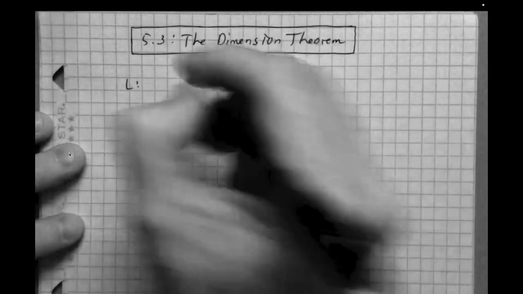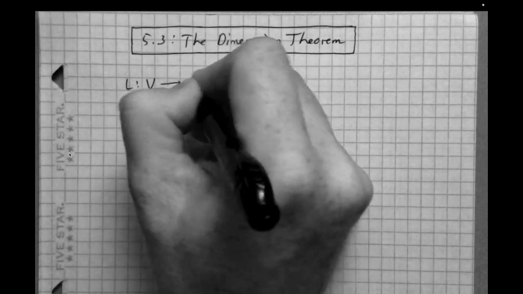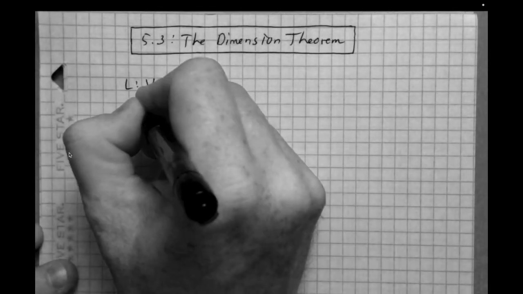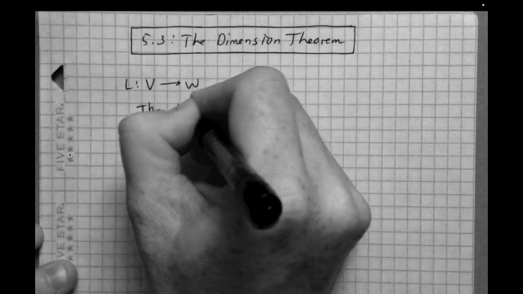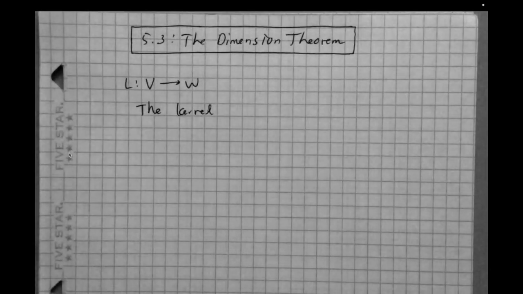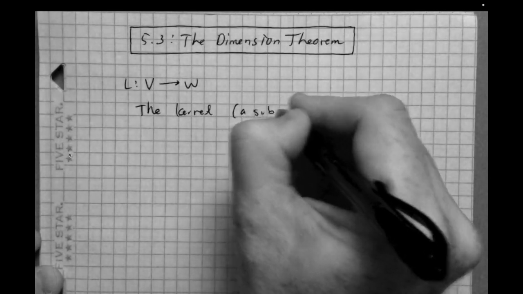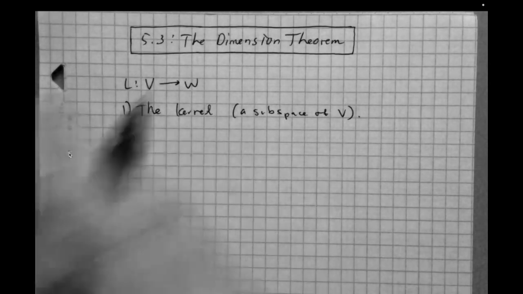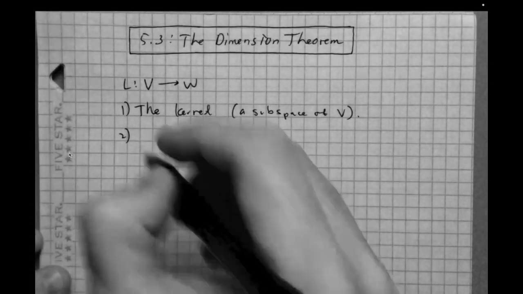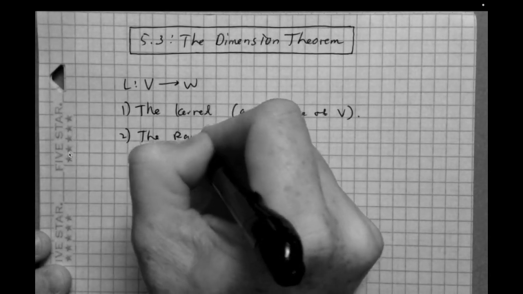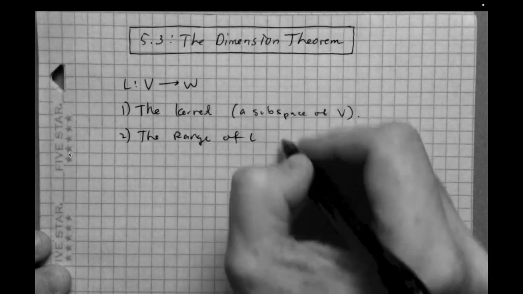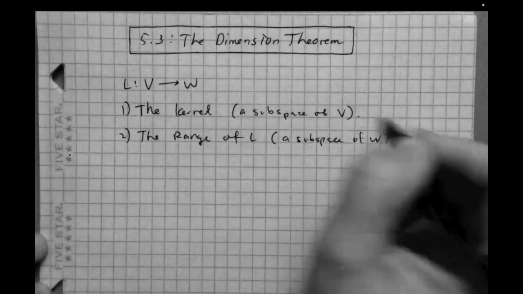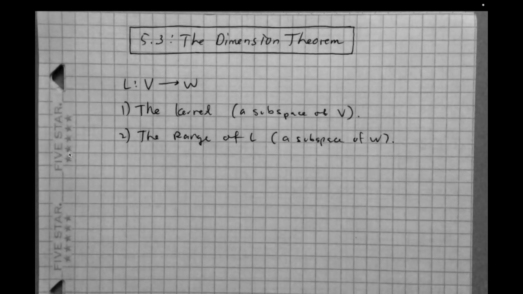Given a linear transformation from a vector space V into a vector space W, the first is what's called the kernel, and this is going to be a subspace of V. The second is the range of the linear transformation, the range of L, and this is naturally a subspace of W. So first up, let's talk about those two.